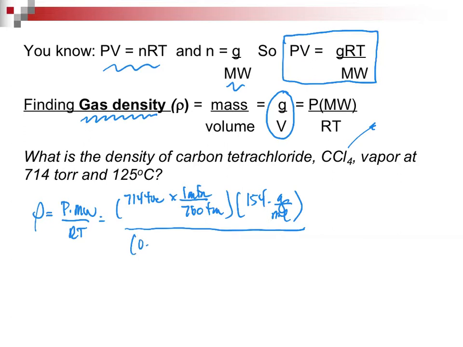Sitting on the bottom is my R, 0.0821 liter atmosphere per mole Kelvin. And I multiply that by 273, we have 398 Kelvin. When you crunch your numbers through, 4.43 grams per liter.